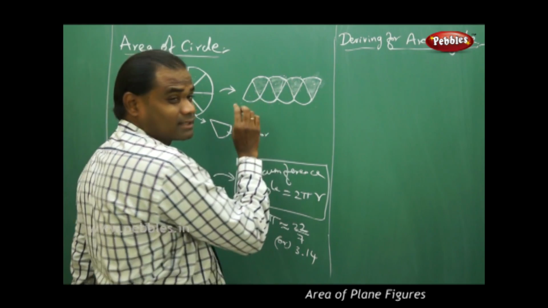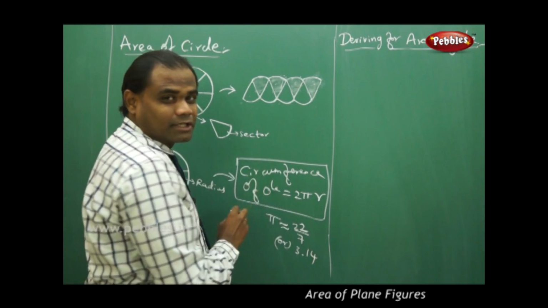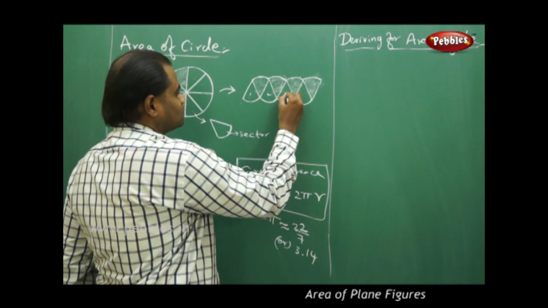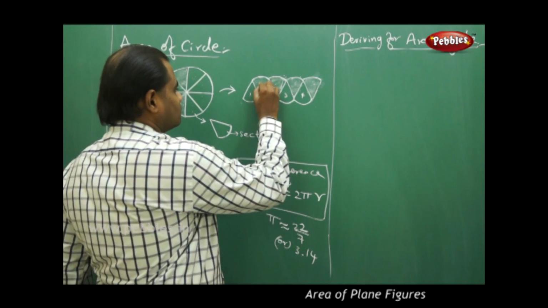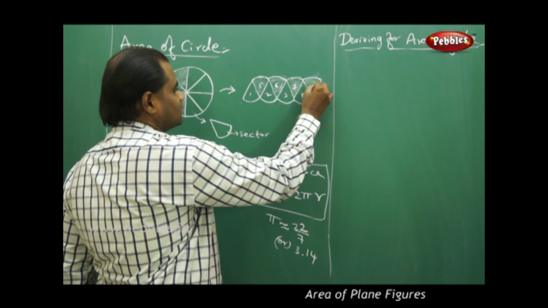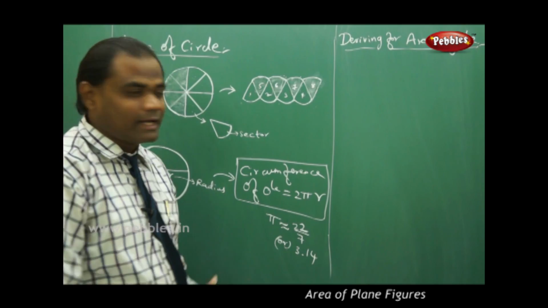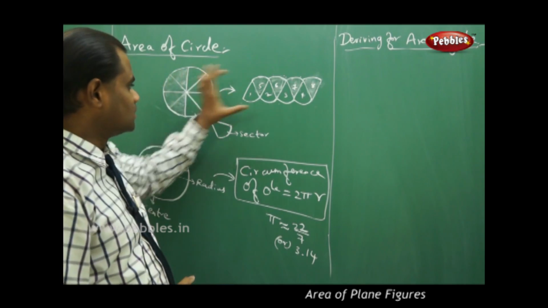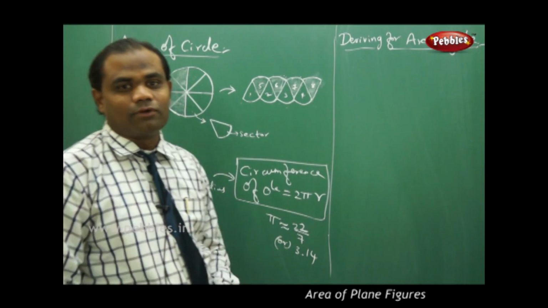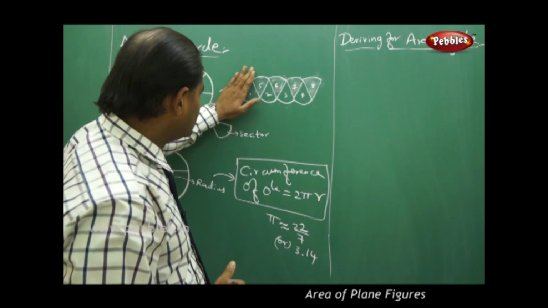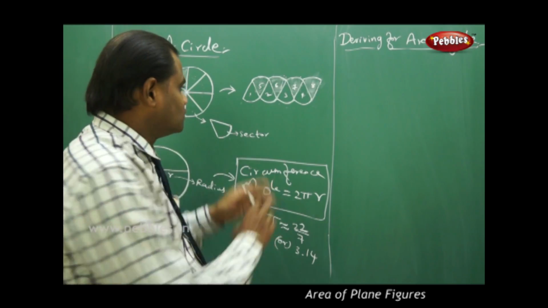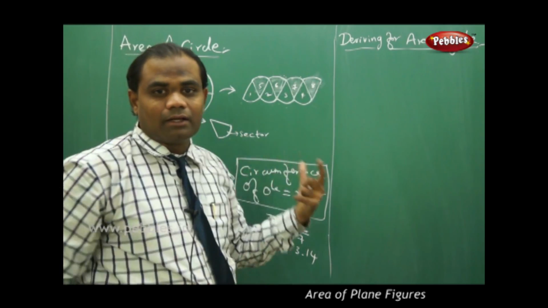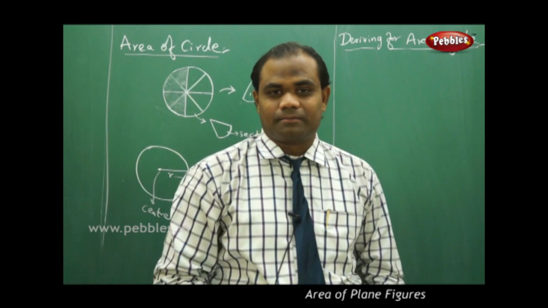So you have 4 sectors which are non-shaded: 1, 2, 3, 4, and another 4 which are shaded: 5, 6, 7, 8. These are the 8 sectors broken from this circle and just joined here. Therefore, I assume that the area of this entire region is nothing but the area of the circle, because when you join each of the sectors back again, you get the complete circle.